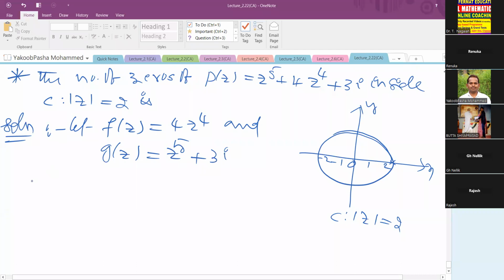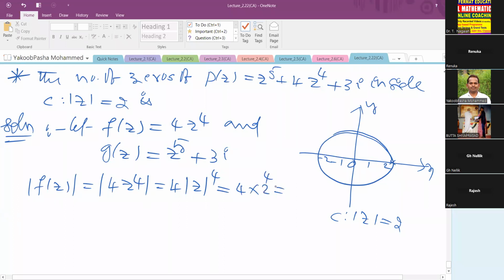Then by definition, modulus of f of z is equal to modulus of 4 z power 4, which is 4 into modulus of z to the power 4. Modulus of z is equal to 2, kada, 2 power 4 is 16, so it is 64. Modulus of f of z value is 64.